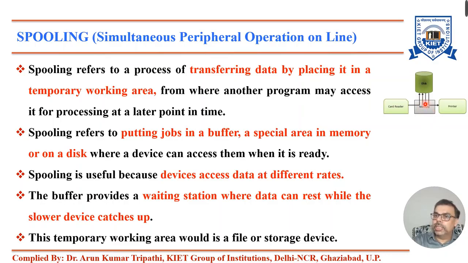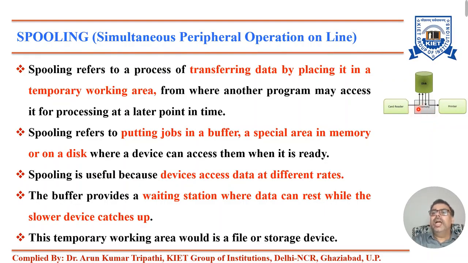If I send this data directly to the printer, again the printer is very slow, having a slower speed. So the CPU has to wait, or there is a wastage of time because the CPU cannot perform some other work.